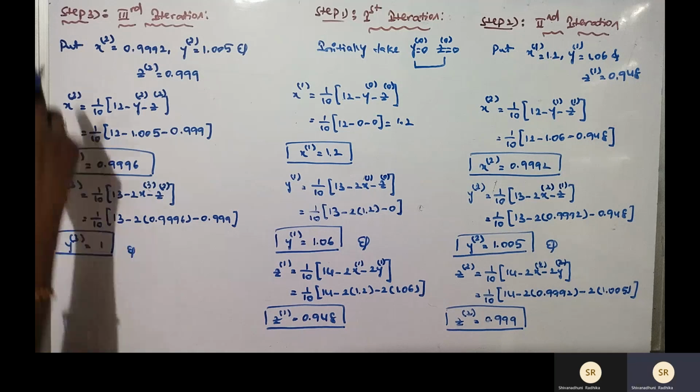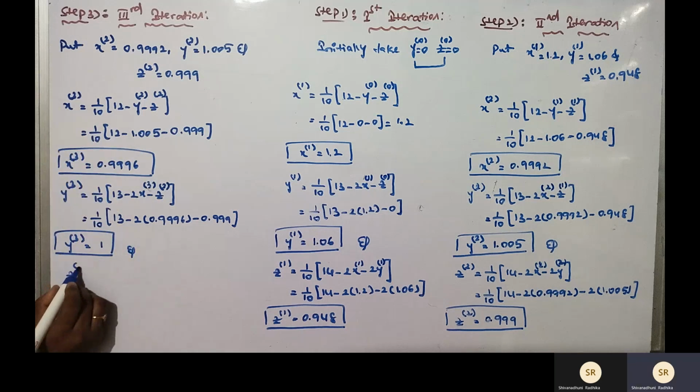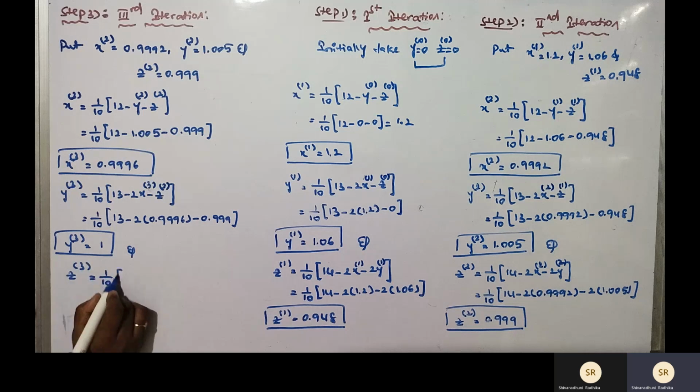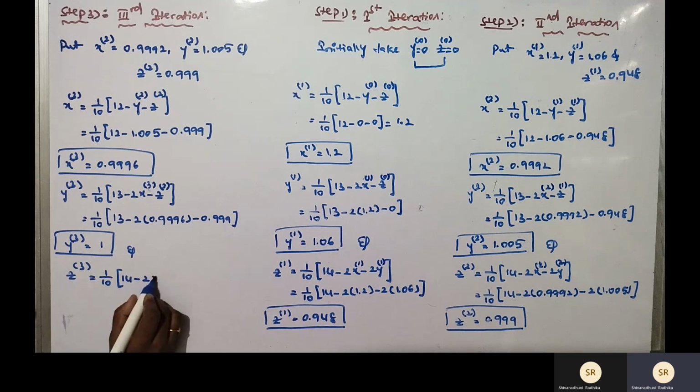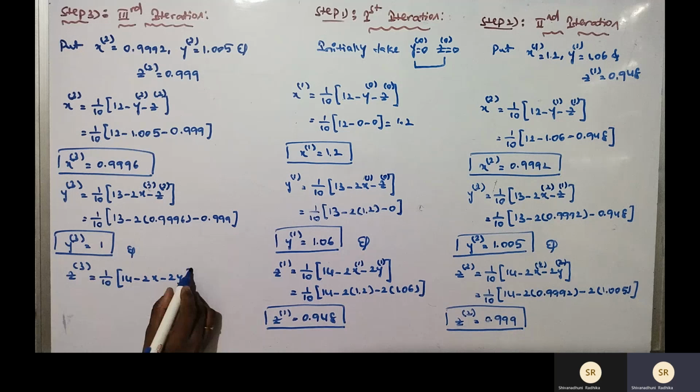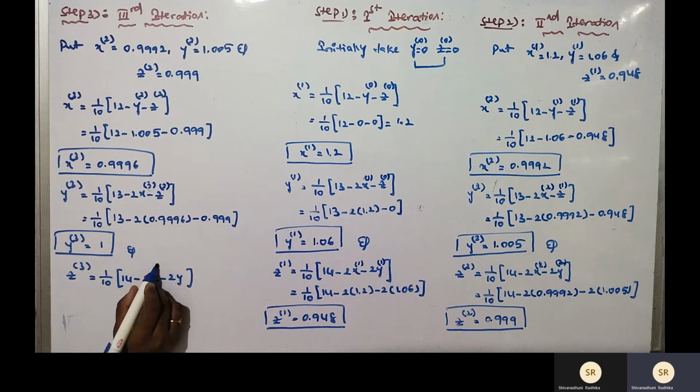And final in the given step 3, we are going to find the z third approximation. I'm going to write the formula or equation for the z. So that is 1 by 10 into 14 minus 2x minus 2y. In the right side, substituting the approximation: for the x, last approximation is the 3. For the y, last approximation is also 3.